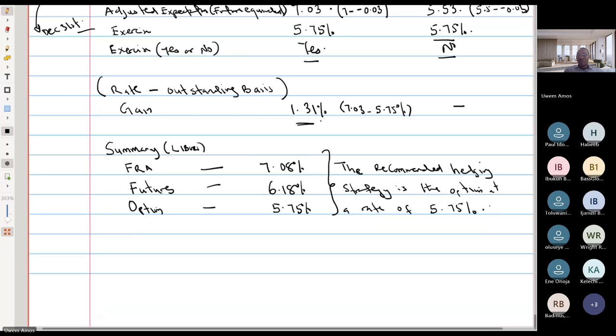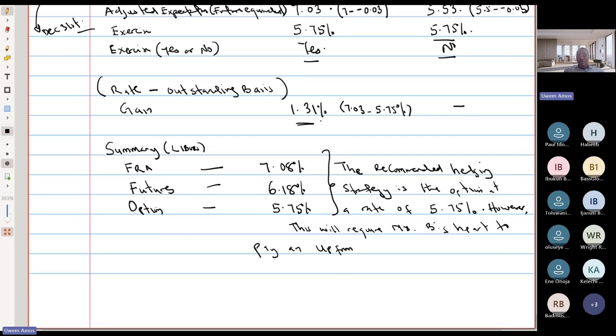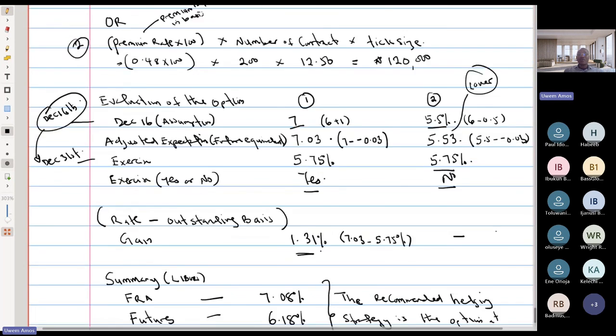However, this will require Mr. Bigheart to pay an upfront premium of 120,000 naira, which is what we calculated right here.